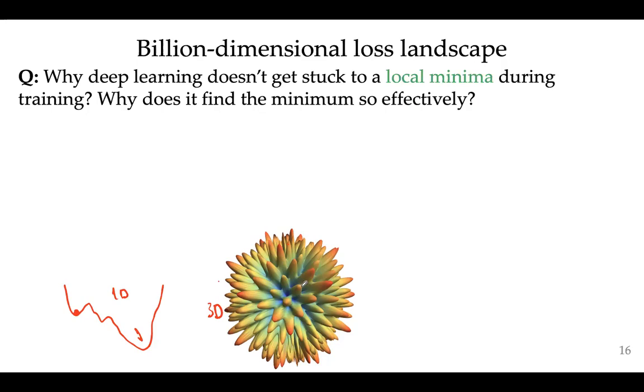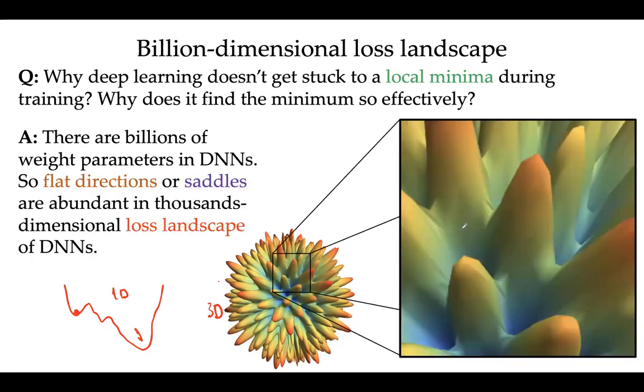If we zoom in, let's say the minimum point is somewhere here. Let's say you start training from here, and then you go down. It looks like at this point you are stuck at a local minimum, but this is not really a well. This is a saddle. So you can actually continue if you do, let's say, stochastic gradient descent or a similar algorithm. You don't get stuck here because this is not a well, this is a saddle, so you can go down and find the real minima.